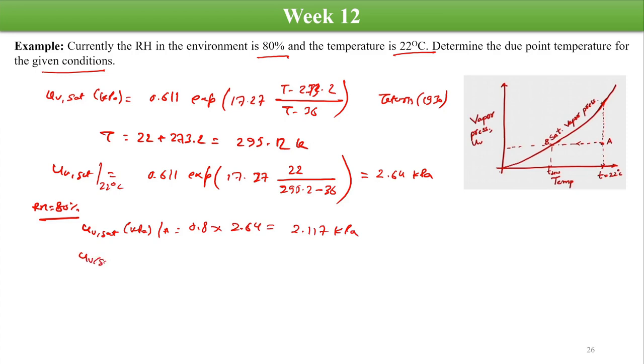Next, Uv sat in kPa at point B, that is the dew point, because we are moving from point A to point B by decreasing temperature.